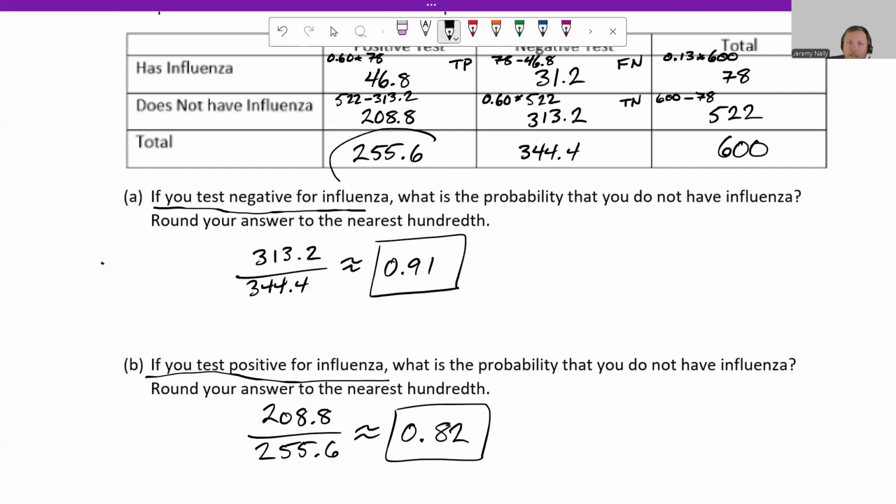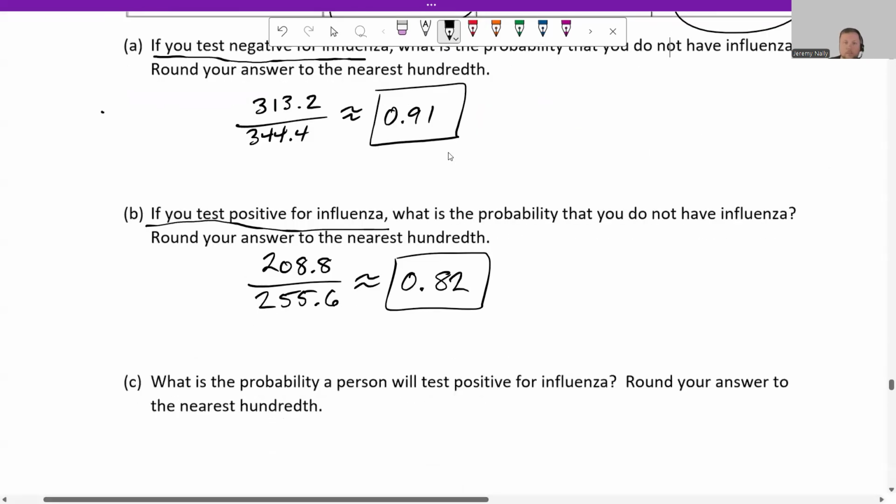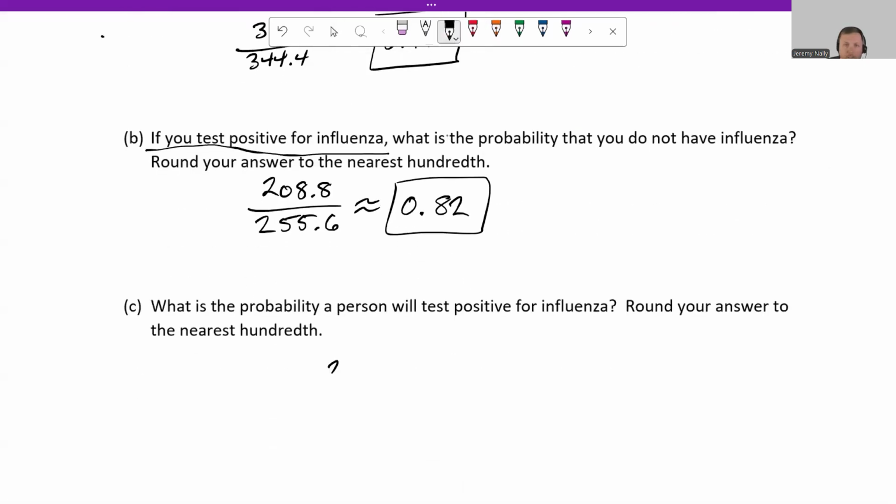So that's going to be this and then over the grand total. So 255.6 over the 600. Okay, to the nearest hundredth, that's 0.43.